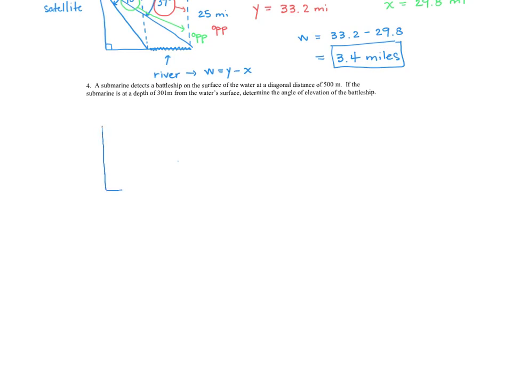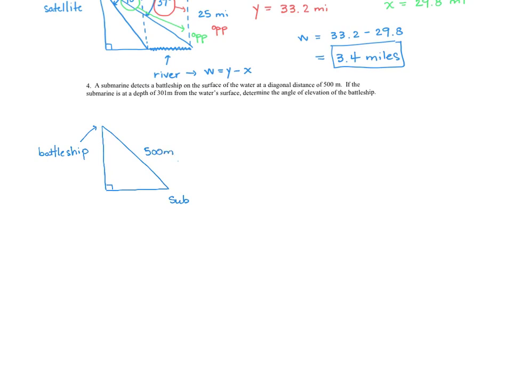So I'm just going to draw in my right triangle to get started and start to identify where things are at. I have a submarine down here, and I have a battleship up here on the surface. It says the diagonal distance between the two is 500 meters.